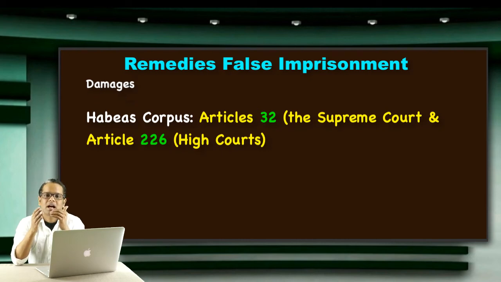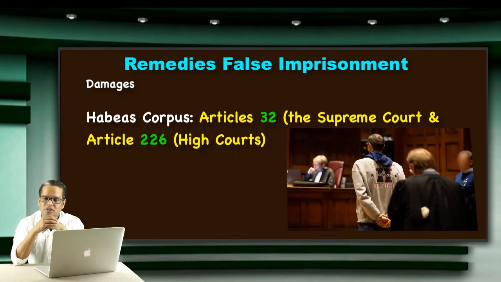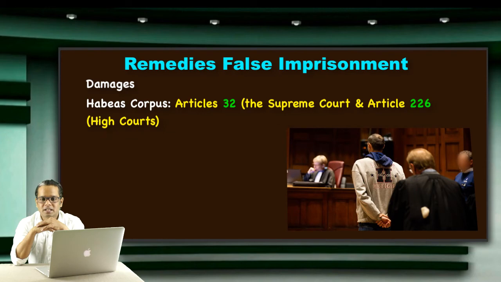Under Article 32 of the Constitution, the Supreme Court has the power to order the defendant to produce in court the person whom he confined. Under Article 226 of the Indian Constitution, the High Court has the same power. So habeas corpus means the arrested person has to be produced in the court.